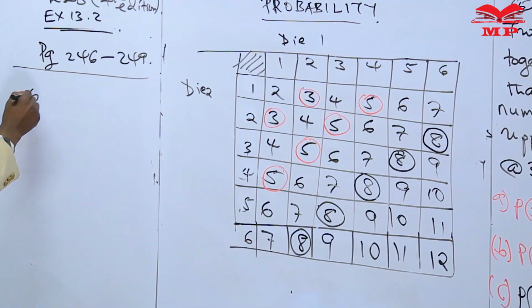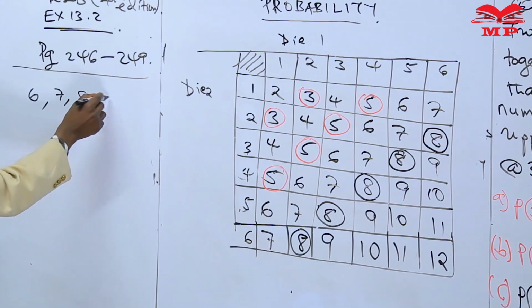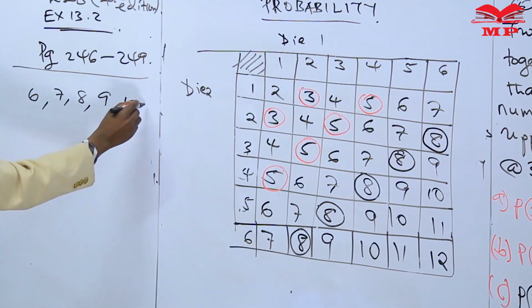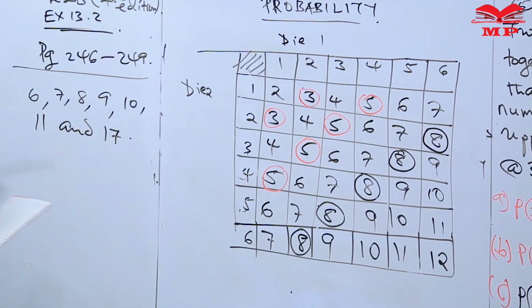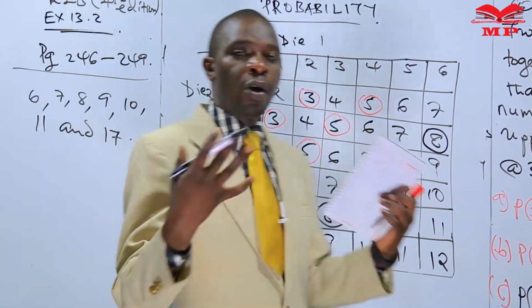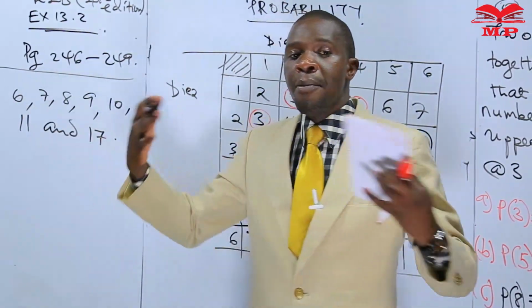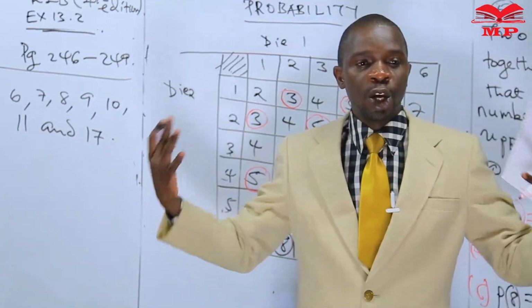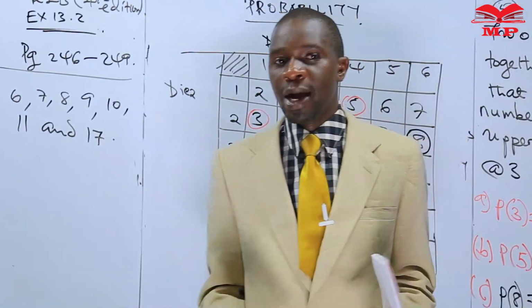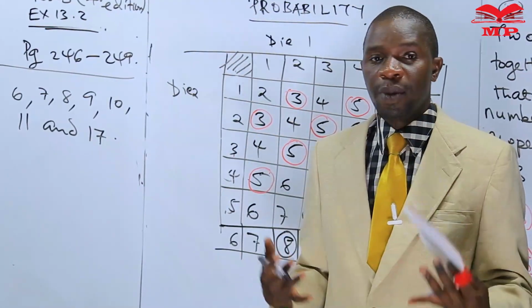I want you to attempt number 6, number 7, number 8, number 9, number 10, number 11, and number 17. Please do all these. When you do very many questions, it prepares you better because you get more familiar with the workings. Otherwise, for today's class, I want us to stop at that point.